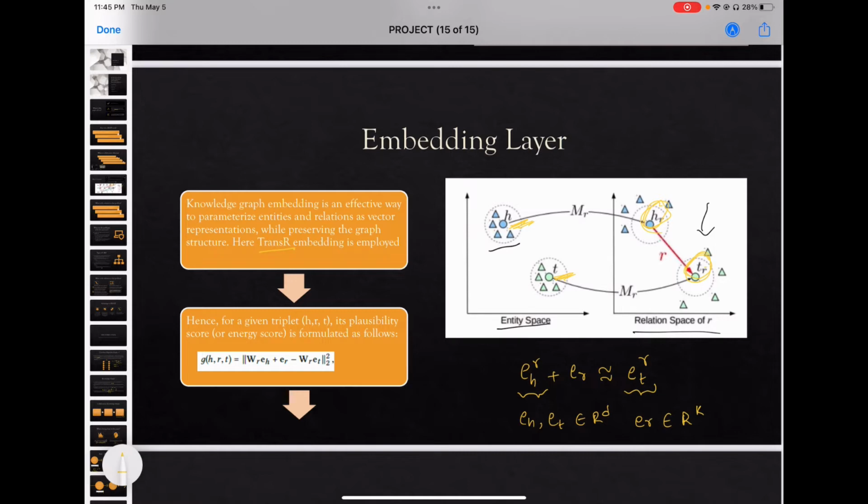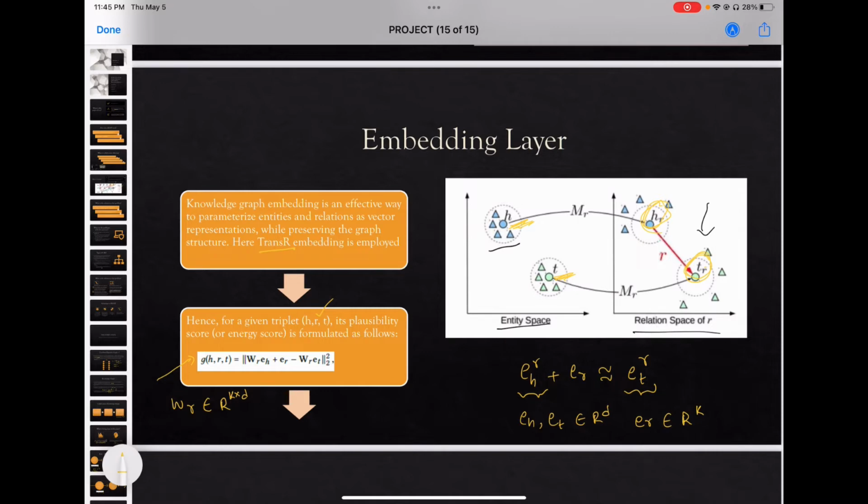For a given triplet (h, r, t), its plausibility score or the energy score is formulated as given in this formula here, where W_r belongs to R^(k×d).